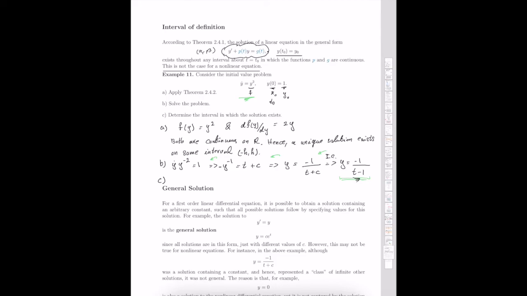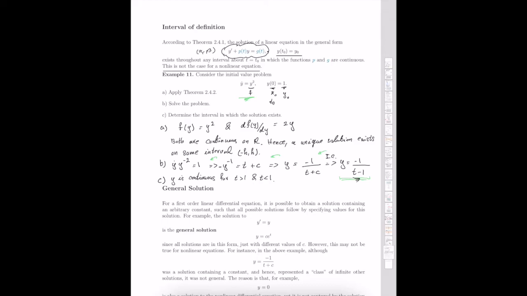I was confusing x0 and t0. So let me just write it down. For t greater than 1 and t less than 1.